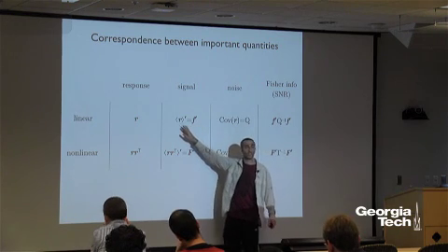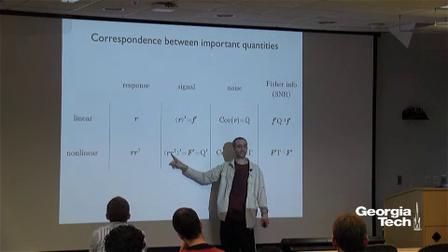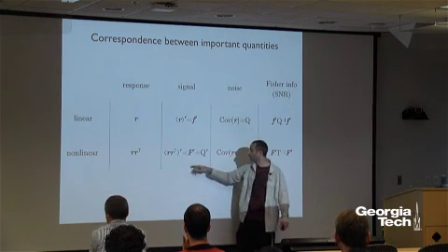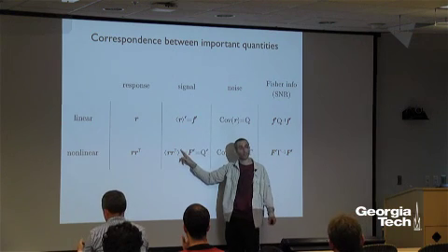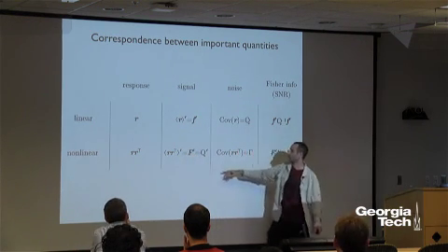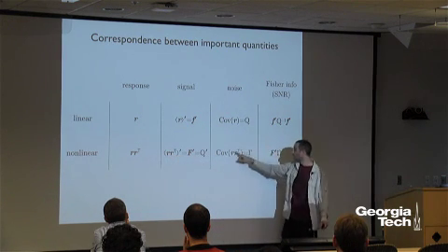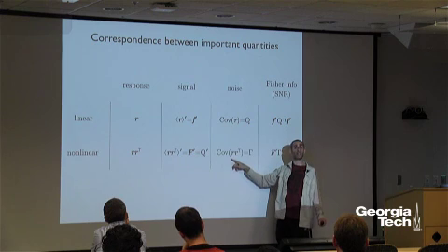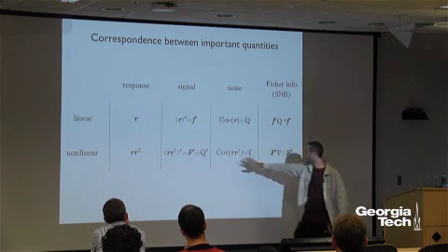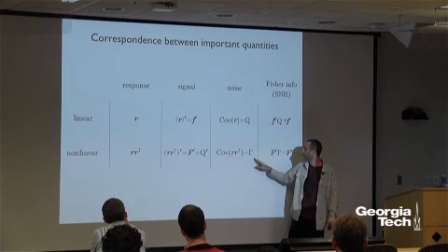Now we're going to go to the quadratic code, nonlinear code. So now the signal is not in the mean, but it's in the covariance. So this is the average of R transpose. That's the covariance. And the sensitivity of that covariance is your signal now. The sensitivity of R squared. And the noise, the covariance of R squared, this is a fourth order quantity. That covariance is now your noise. It's a fourth order statistic.